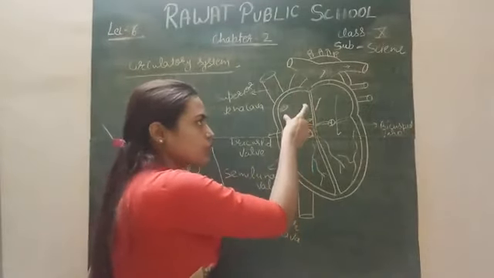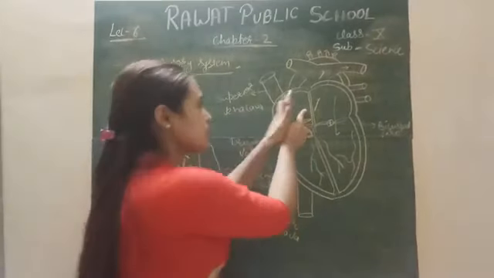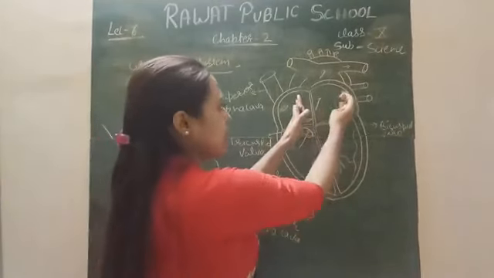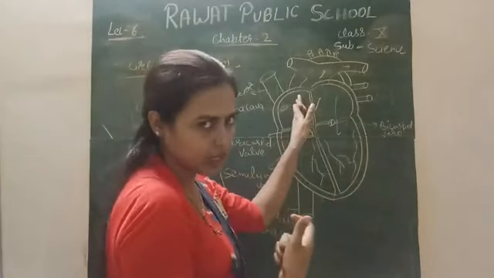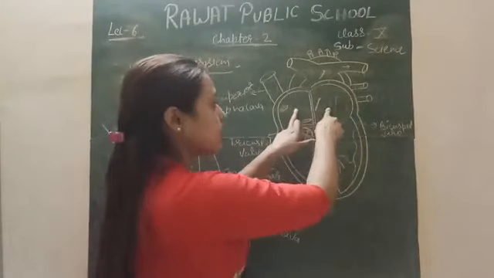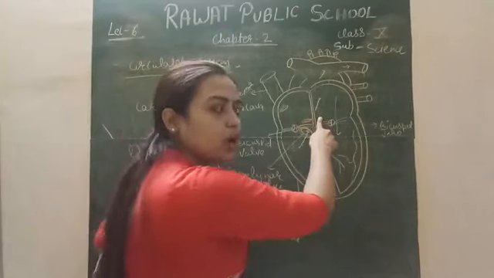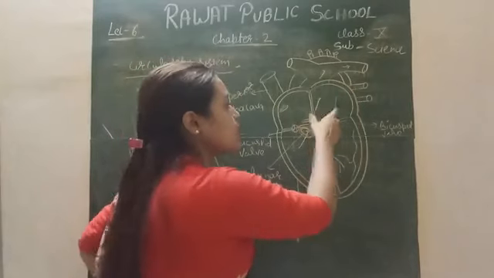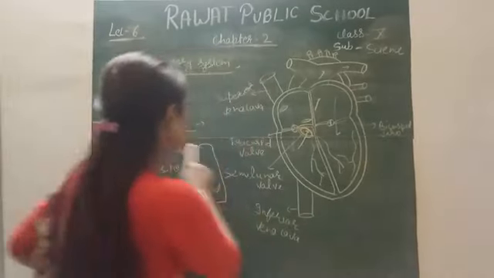This contraction is called the auricle contraction, right? Similarly, at the same time, the left auricle holds the oxygenated blood from the pulmonary vein from the lungs, so the left auricle also contracts. This condition is called the auricle contraction or auricle systole.